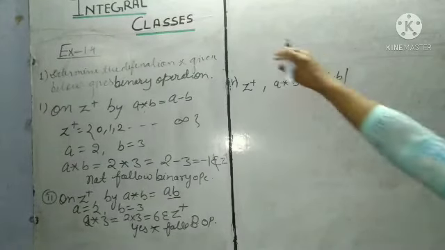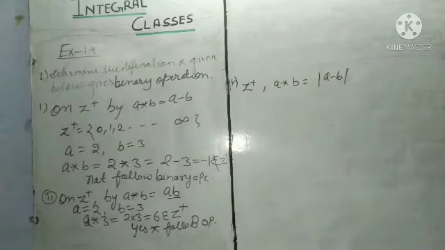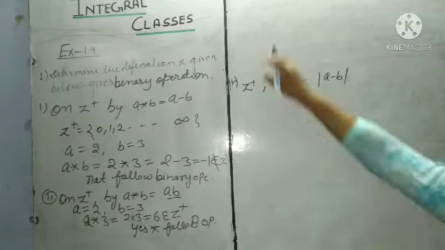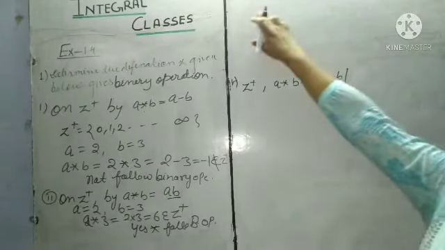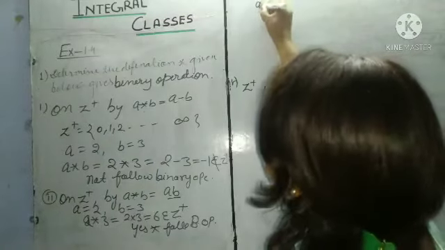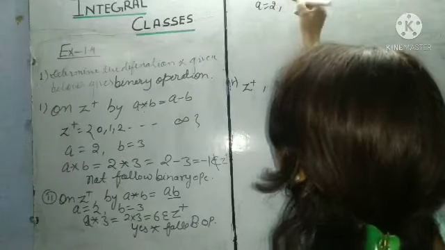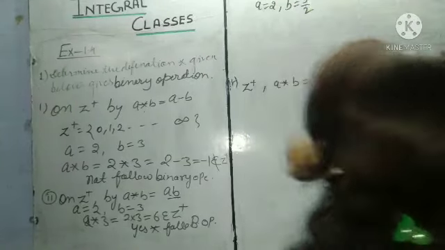Now question number third. On R, a star b equals a b square. Here R is the real numbers, so we take two real numbers which belong to R. Suppose a equal to 2 and b equal to 3 by 2.